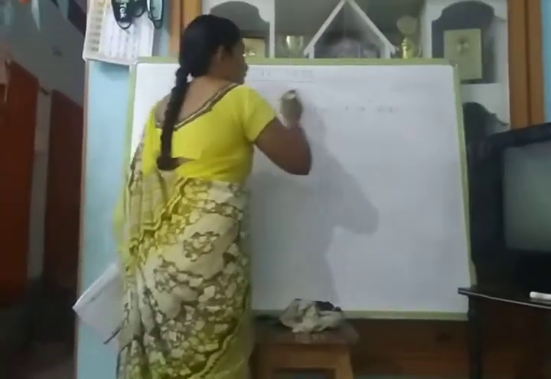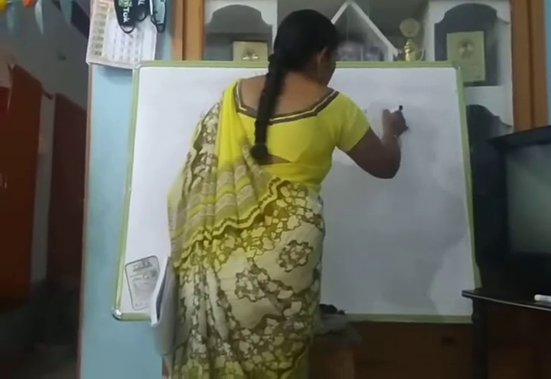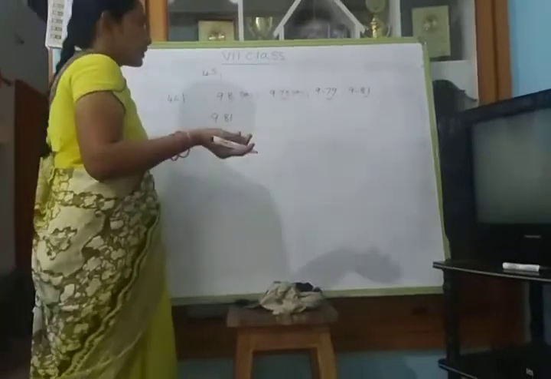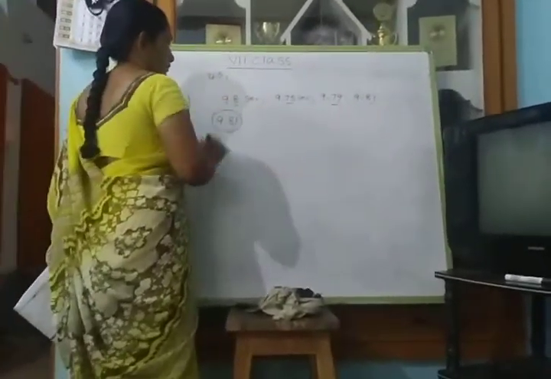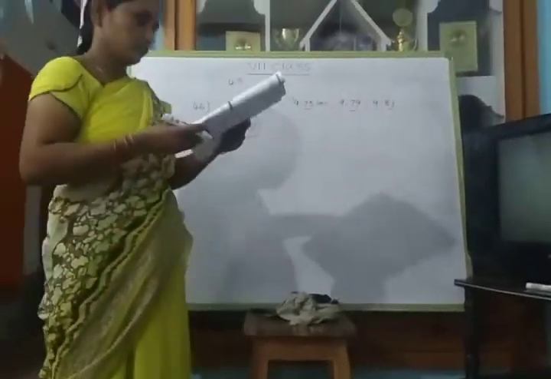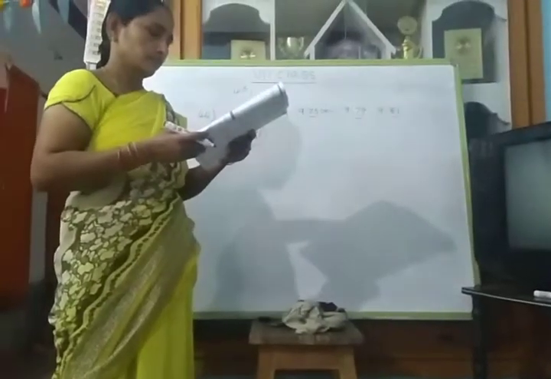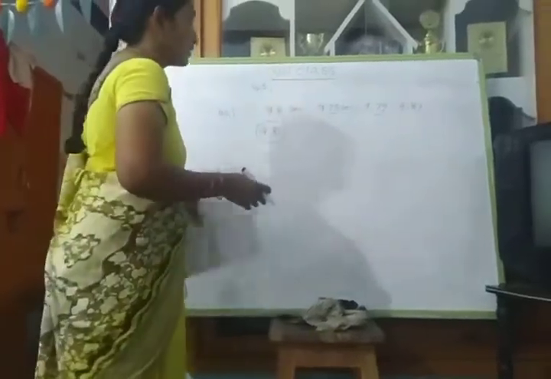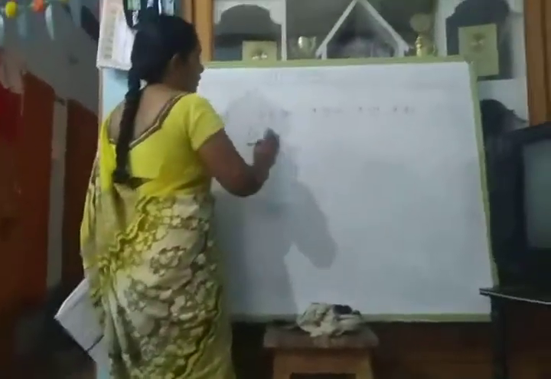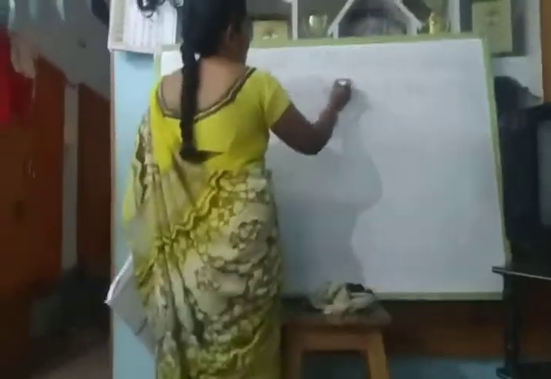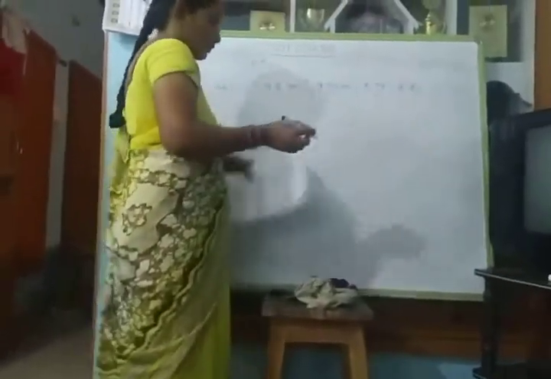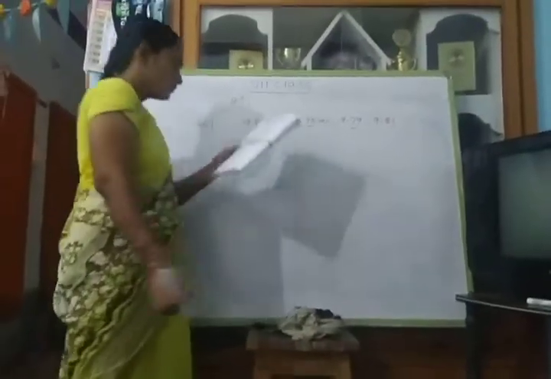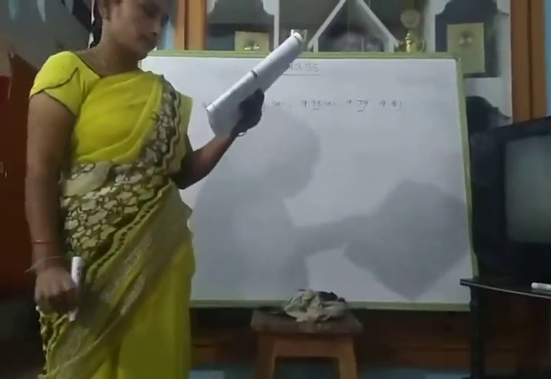In these two, 9.8 and 9.81, 9.81 only is greater. So the last person should take more than this many seconds. But winner means a lesser time we have to take, no? So 9.75 is the lesser number. So less than 9.75 seconds he has to take. So option A, less than 9.75 seconds.